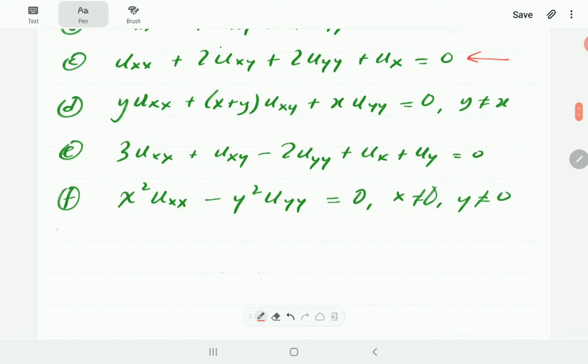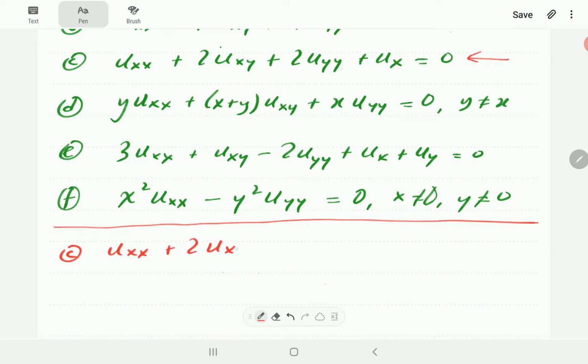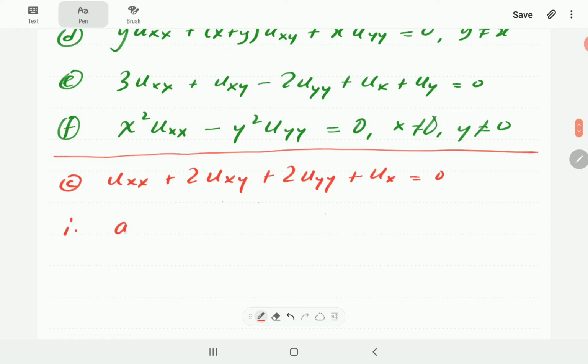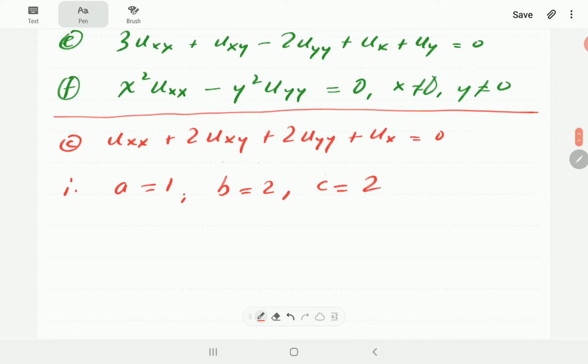So in C, we're going to start by classifying the PDE as parabolic, hyperbolic, or elliptic. Right, so the first thing we're going to have to do is to write down our A and our B and our C. This time A is 1, B is 2, and C is 2.